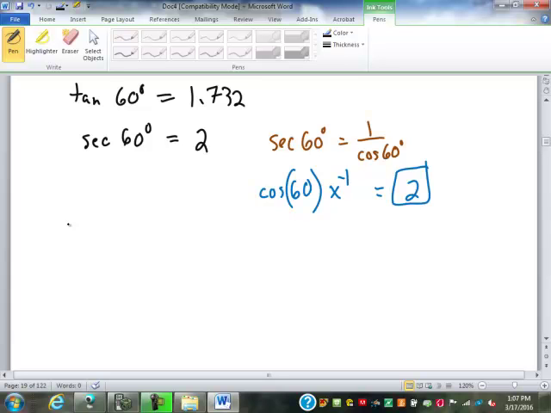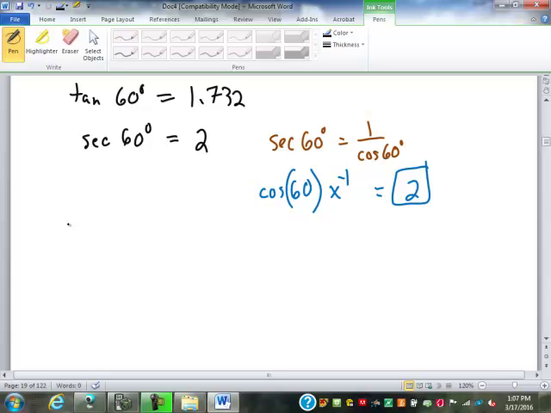Anybody else having problems? On yours, you're going to just hit cosine. Yours is a reverse notation, and then you're going to hit 1 over x. Now you've got to hit the 1 over x key.